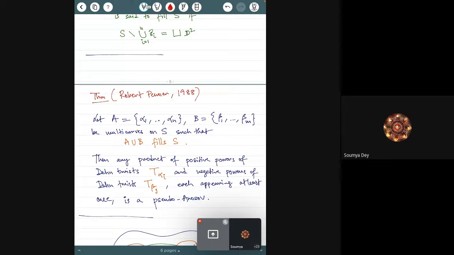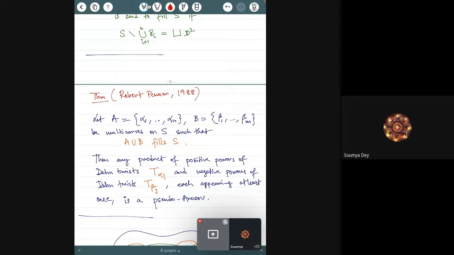And some negative powers of Dehn twists T beta j. So you do the same thing corresponding to each beta j. You consider the Dehn twists along them, T beta 1, T beta 2, up to T beta m. So you have m many Dehn twists, and you consider negative powers of these.